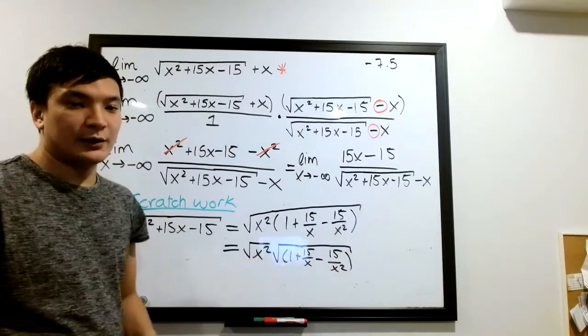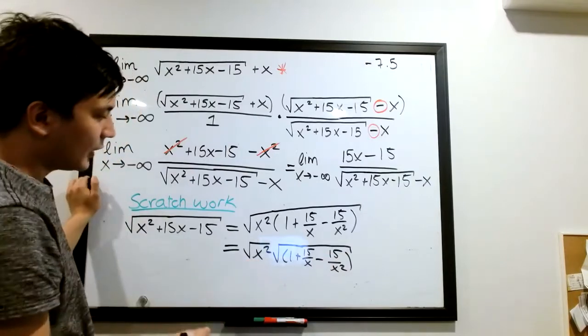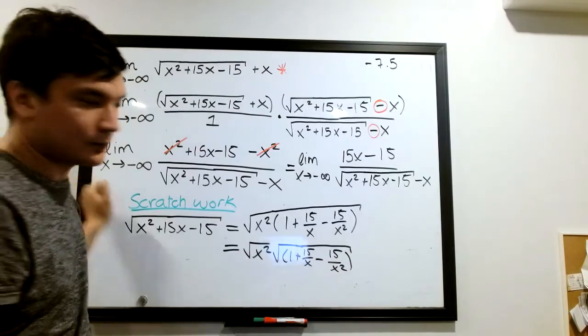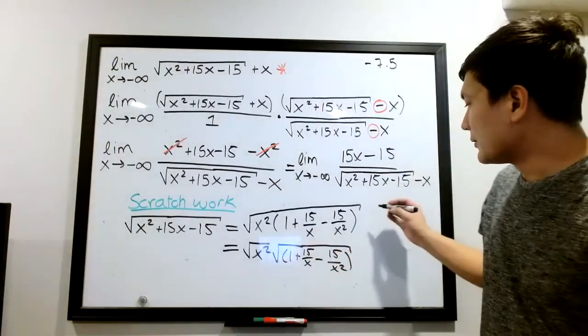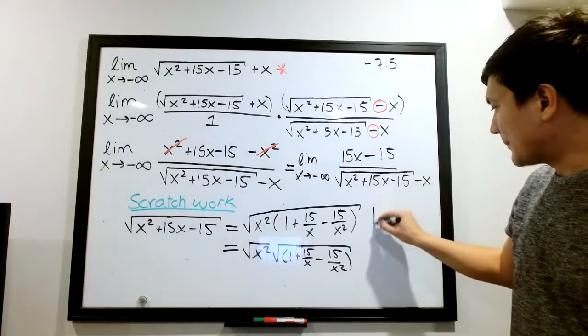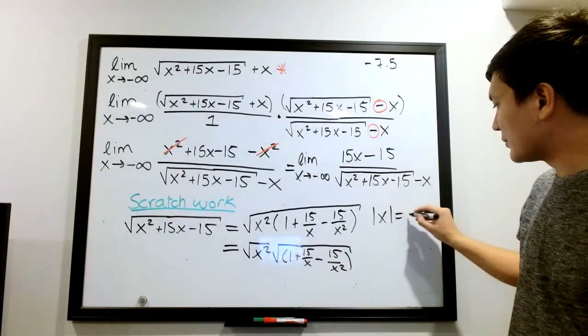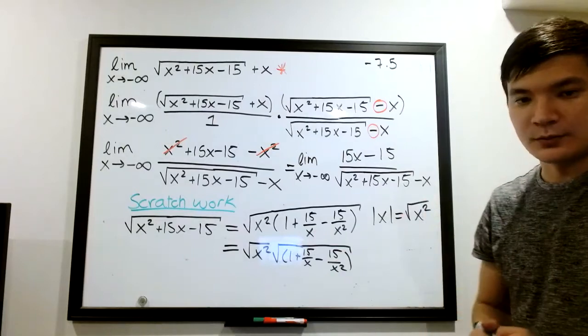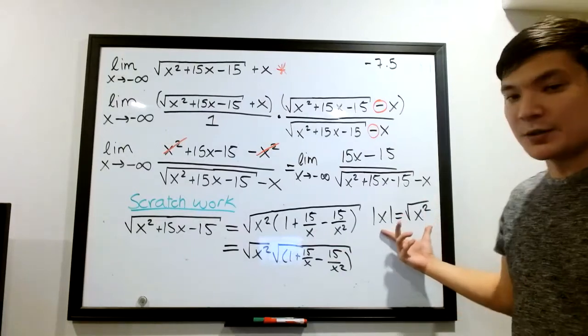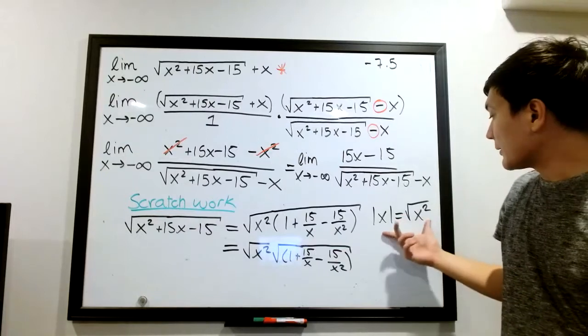And then the last step here is we're going to use one of the definitions of absolute value, namely the absolute value of x is equal to the square root of x squared. This should make intuitive sense. Why?